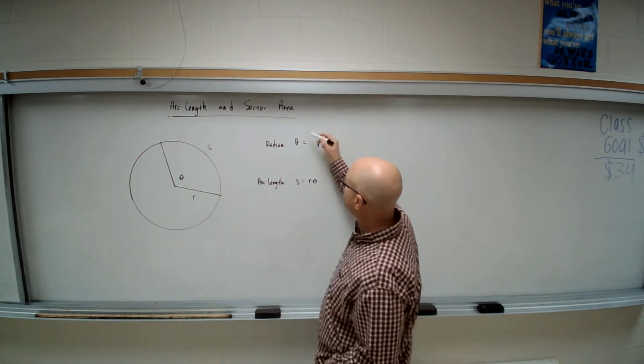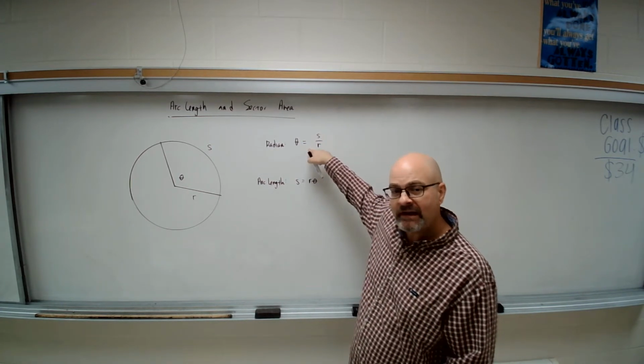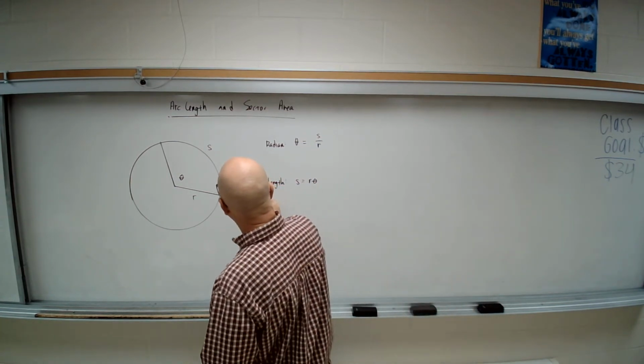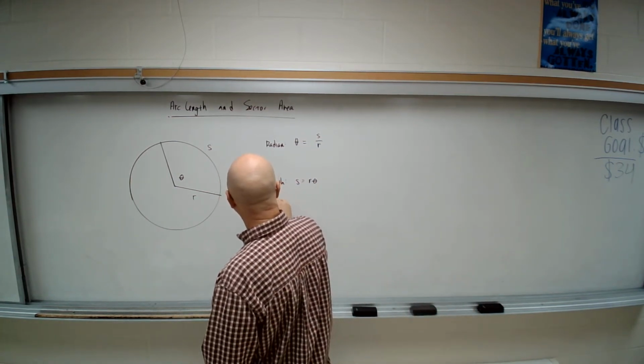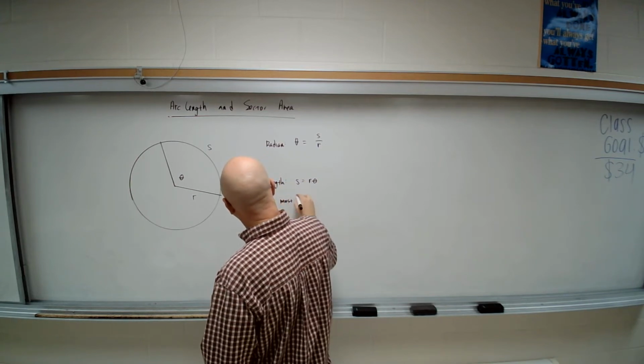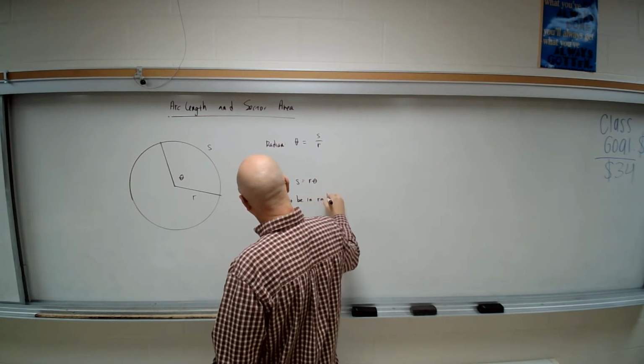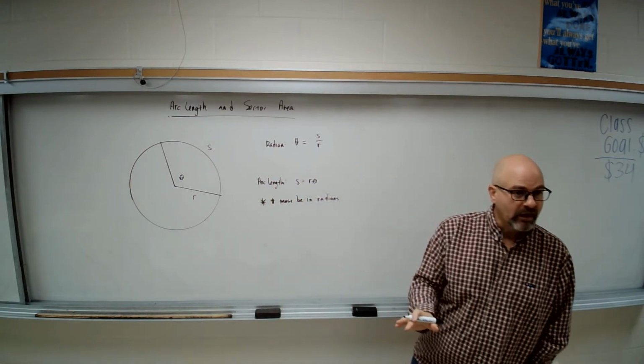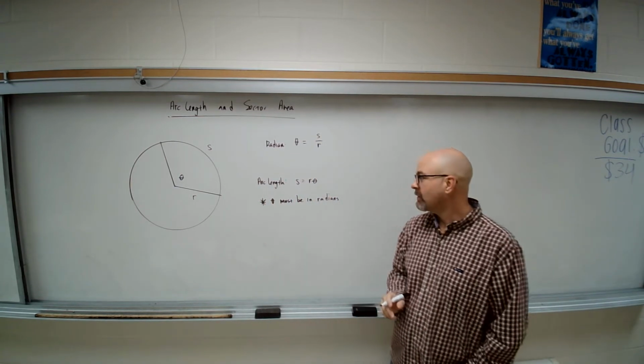But because it comes from this radian formula here, and other reasons too, the big important thing here is that theta must be in radians. Okay? Must be. It won't work otherwise. It just won't work otherwise.